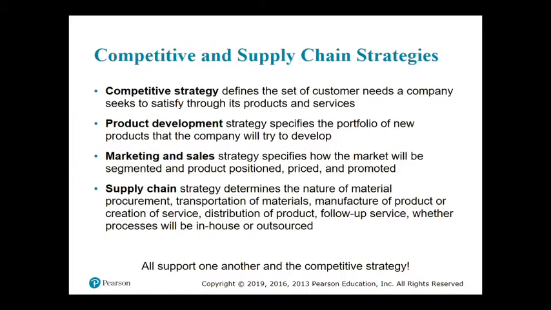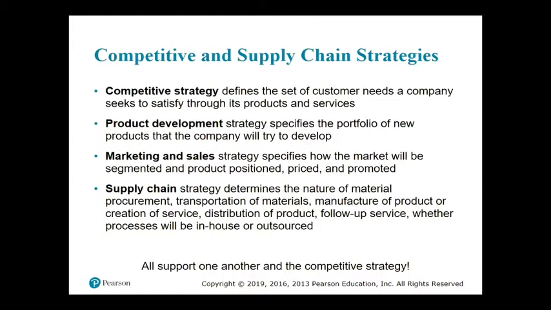So for Walmart, its competitive strategy specifies that it provides high variety, high availability, and low cost. Then for the pricing of the products, of course, it has to be very competitive. And its inventory and supply chain is structured in a way that product availability is usually very high.